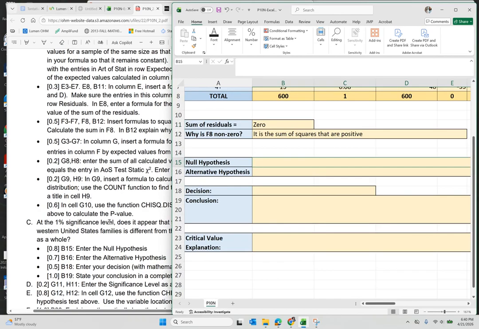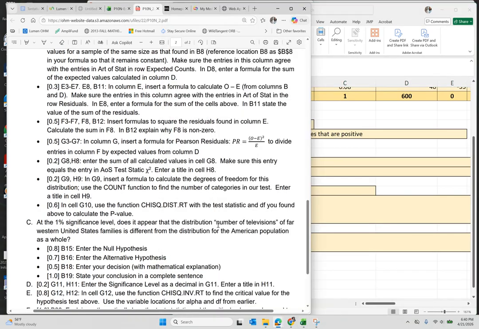So the null hypothesis is that the distribution of the number of televisions of far western United States families is the same as the distribution for the American population as a whole. And the alternative hypothesis in B16 will be that the distribution of the number of televisions for far western United States families is different from the distribution of the American population as a whole.